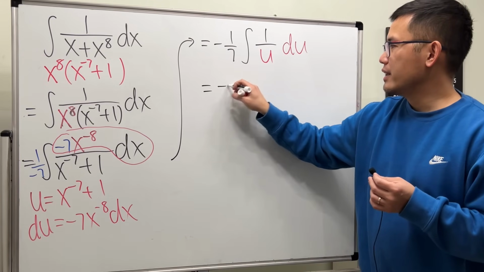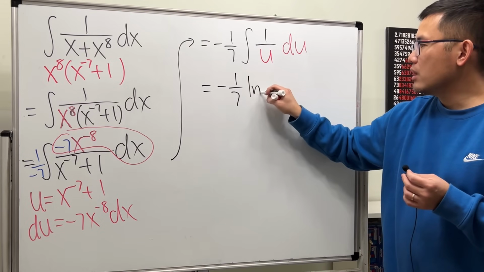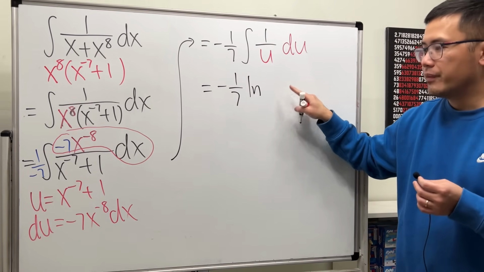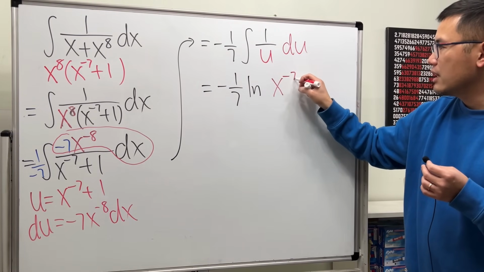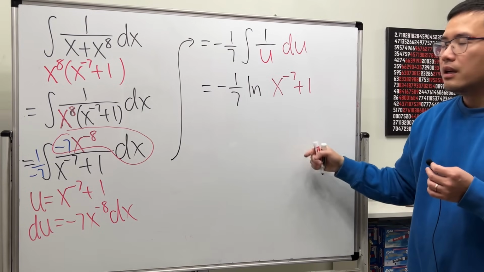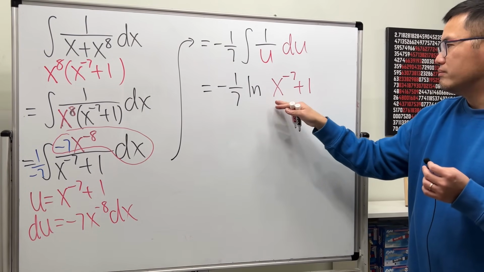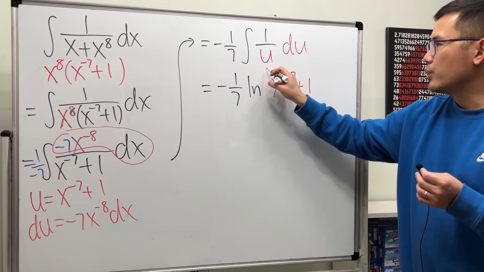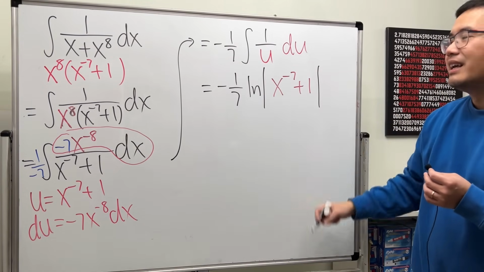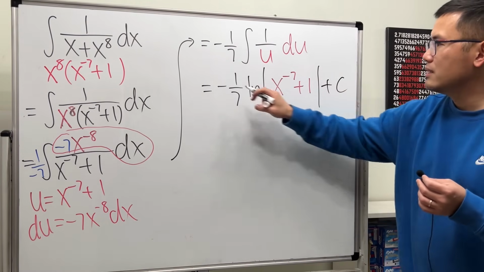So we have negative 1 over 7 natural log of u. And we know u is that, so write down x to the negative 7th plus 1. If x is a negative number, sometimes this can be negative, so make sure we put absolute value around this. We're all done. Put plus C.